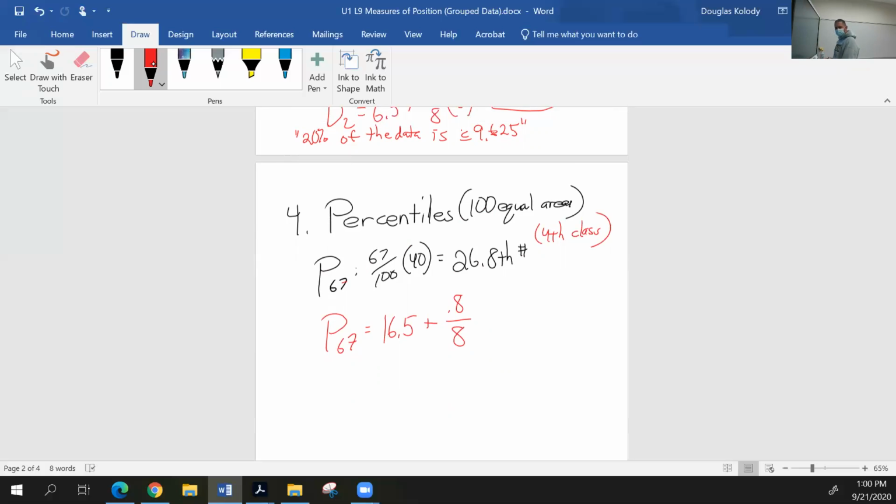You could have a decimal, Mr. Colodi, in your numerator. Yes, you can. Last but not least, times the class width. And that equals, after all that hugabaloo, a nice pretty number. And I could say that 67% of the data is less than or equal to 17.